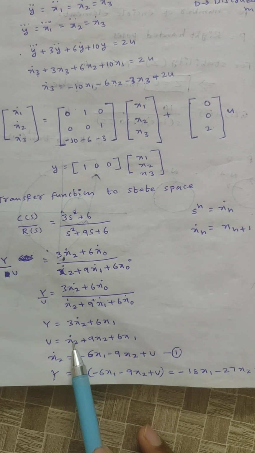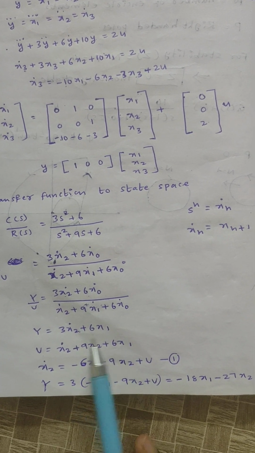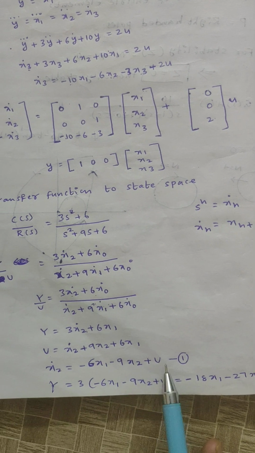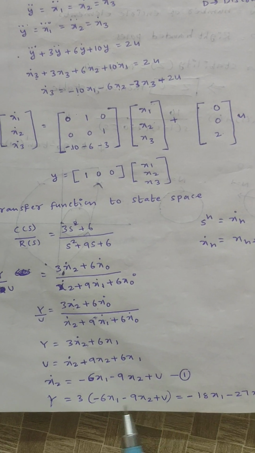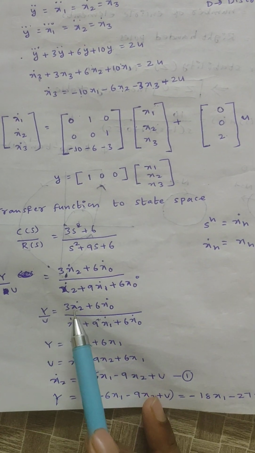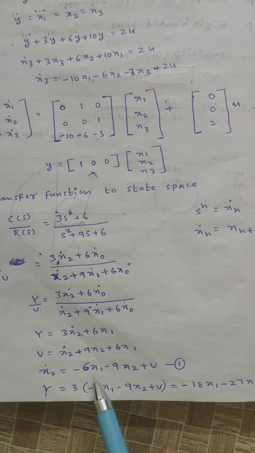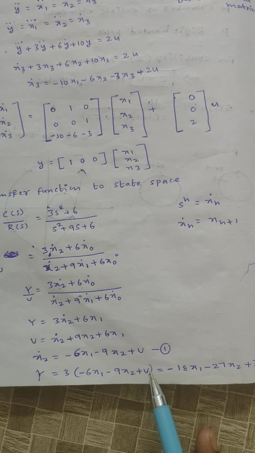From this equation, x2 dot is equal to, I can take this term to the LHS side, that is minus 6x1 minus 9x2 plus u. That is equation 1. Okay, next, output y is equal to 3 into x2 dot. Already we know the x2 dot value, substitute here: minus 6x1 minus 9x2 plus u.